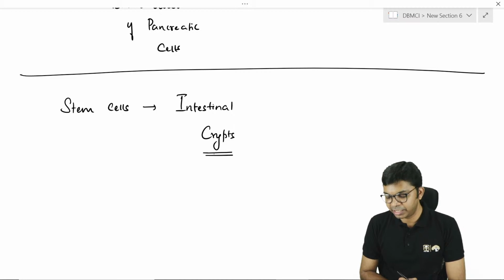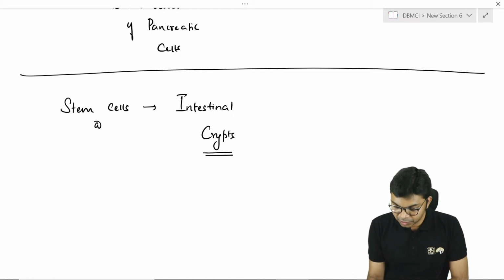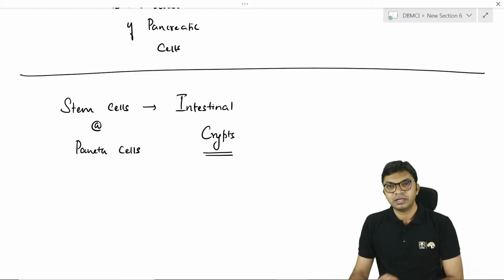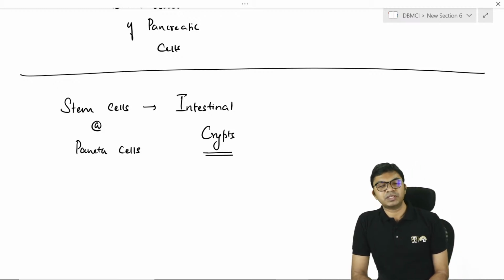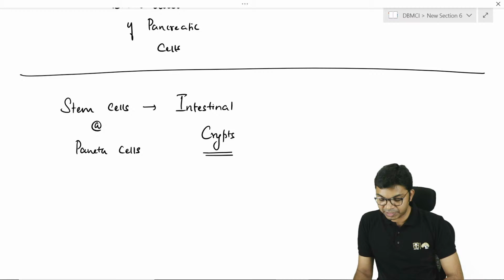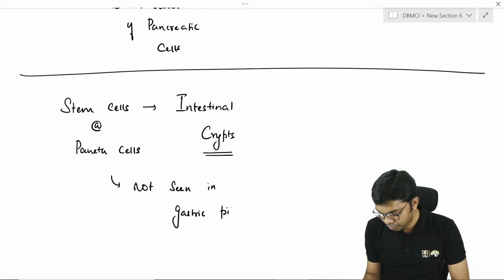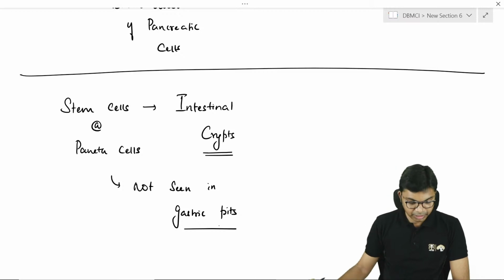Stem cells are seen in intestinal crypts, and these stem cells are nothing but Paneth cells. They are seen in intestinal crypts, doctors. Alright. Now this Paneth cell or stem cell is not seen in gastric pits. Please remember, they are not seen in gastric pits. Rather, they are present in intestinal pits.